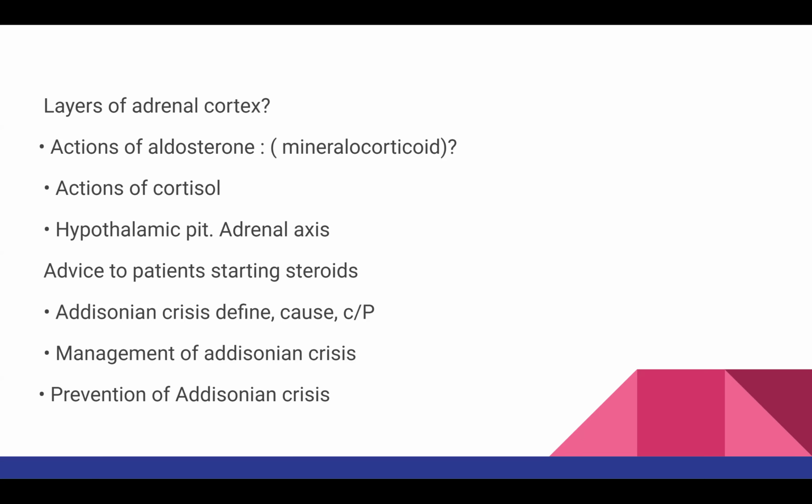Okay, so what steps you can take to prevent Addisonian crisis from happening in the first place? So we must not stop the medication which the patient is taking. If the patient is on steroids, we should not stop the medication abruptly. And when the patient is going for any surgery, we should try to double the dose prior to surgery.